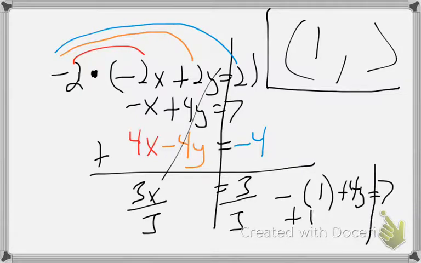So I'm going to add 1 to both sides. That goes away. 4y is 8, divide by 4. 8 divided by 4 is 2. If I eyeball this real quick, negative 2 plus 4 would be 2, yep, and negative 1 plus 8 would be 7, yep, okay, 1, 2.